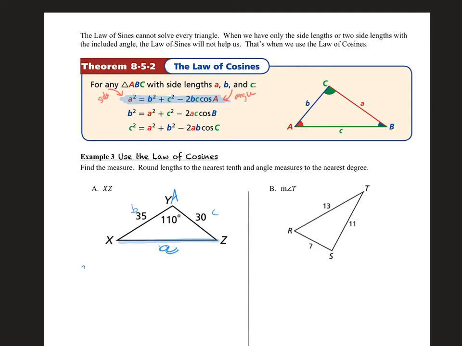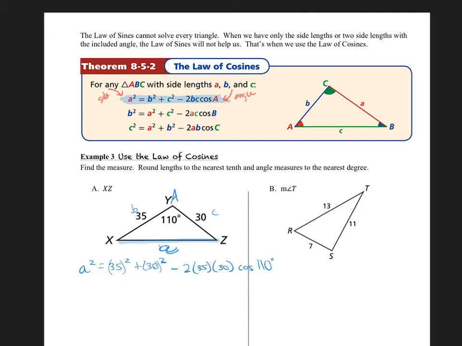So A squared equals B squared, so 35 squared, plus C squared. Technically there's parentheses because we are replacing variables. Minus 2 times B times C, cosine of angle A, which is 110 degrees.